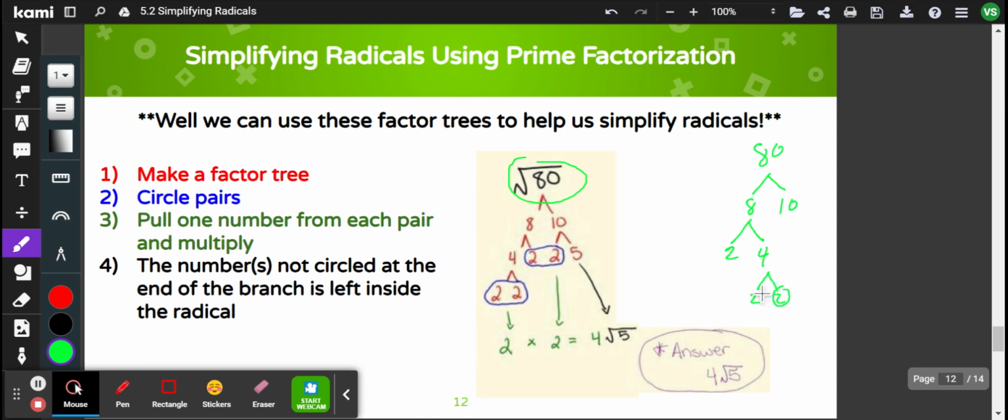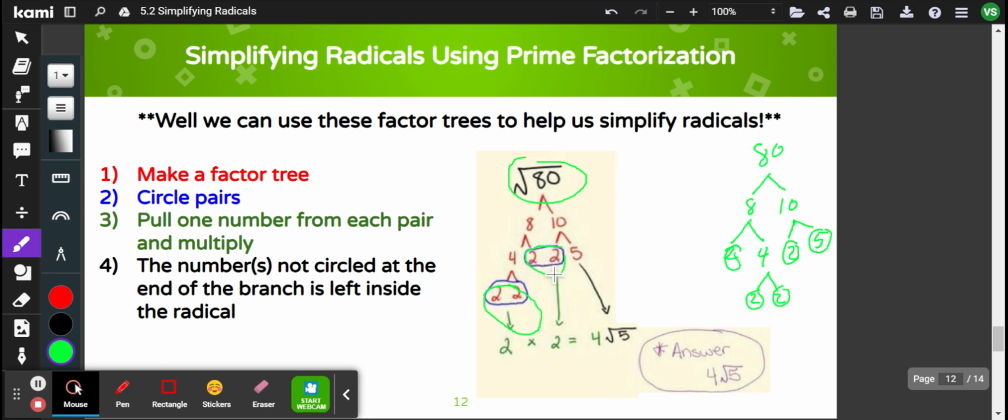The 10 will be split into 2 and 5. All these are prime numbers. Once you split them down like this, you circle pairs. I circle these two 2s here, and then I circle these two 2s here.